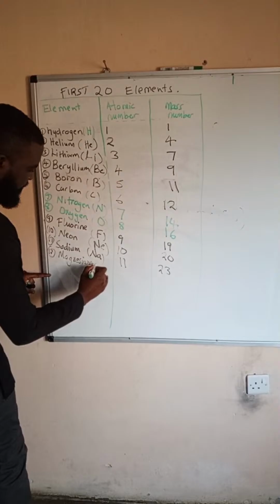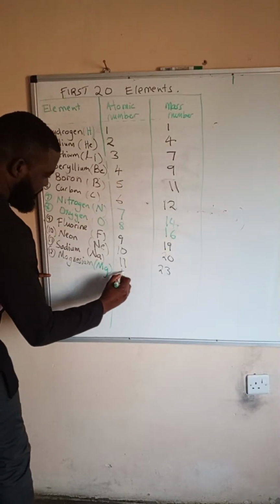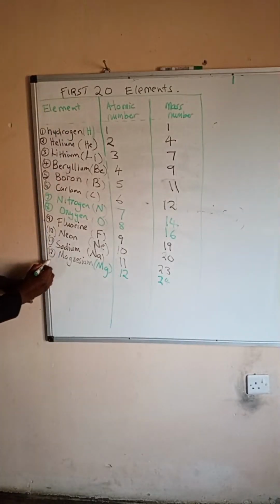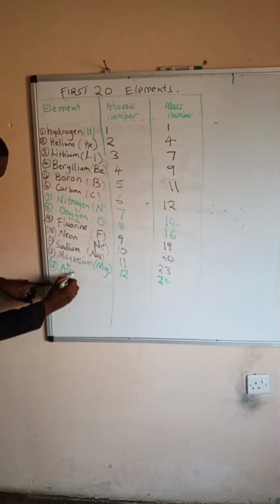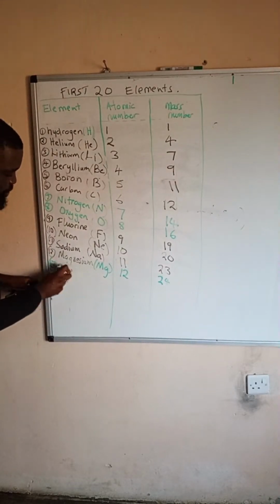Magnesium is Mg, atomic number 12, mass number 24. 13 is aluminium. I don't know if you can see the spelling very well, guys. Aluminium.